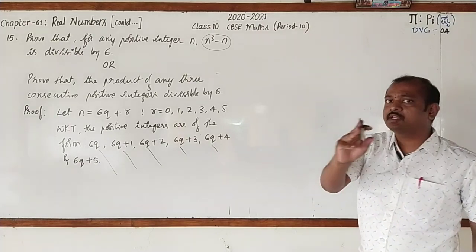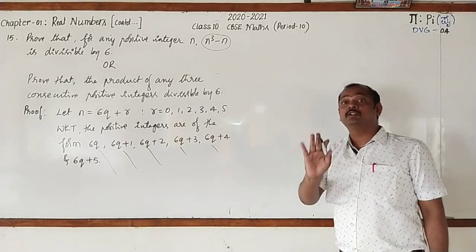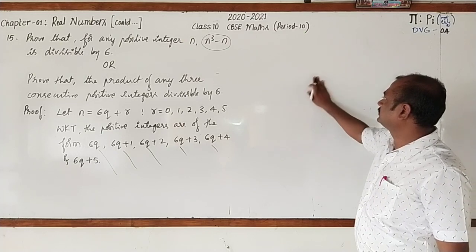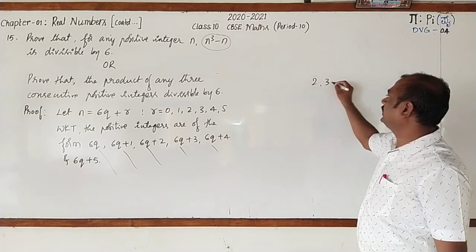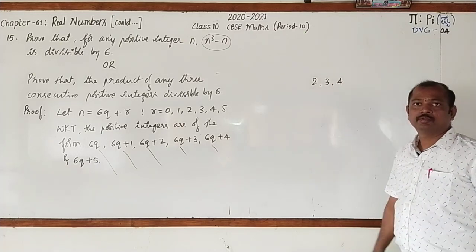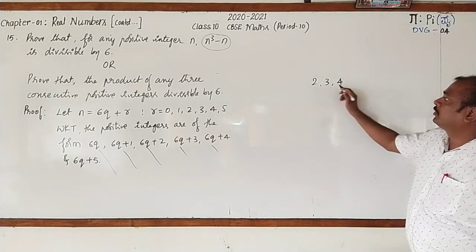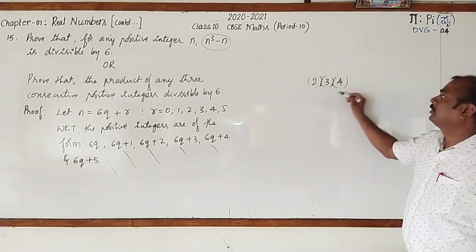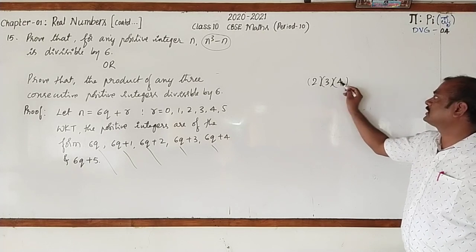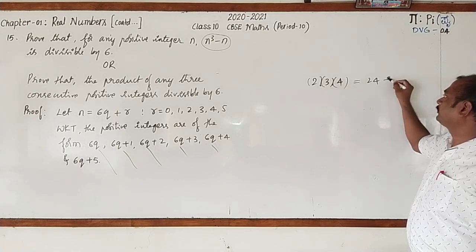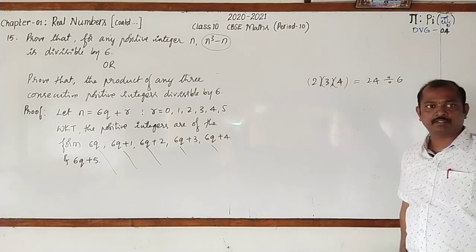Look here. I am taking 3 consecutive positive integers: 2, 3, 4. Multiply them. 2 3s are 6, 6 4s are 24. 24 is divisible by 6.